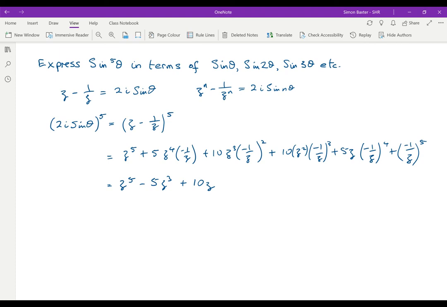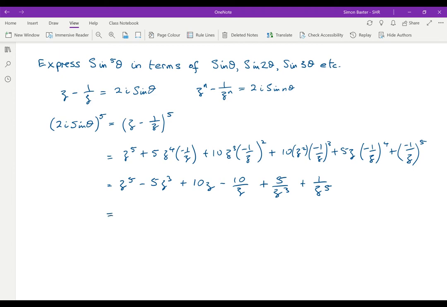In the next one, we have minus cubed, z cubed on the bottom, z squared on the top. So that is minus 10 over z. In the next one, we've got minus to the power 4. So that's plus. z over z to the 4 is z cubed on the bottom. So that is plus 5 over z cubed. And the last one is plus 1 over z to the 5.